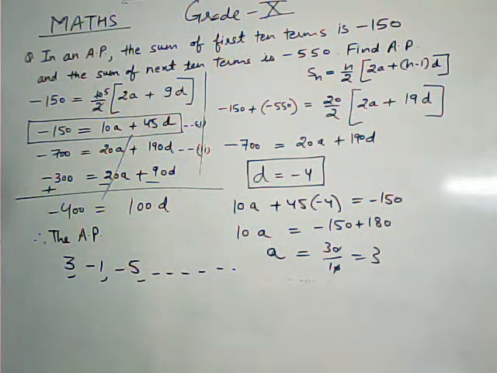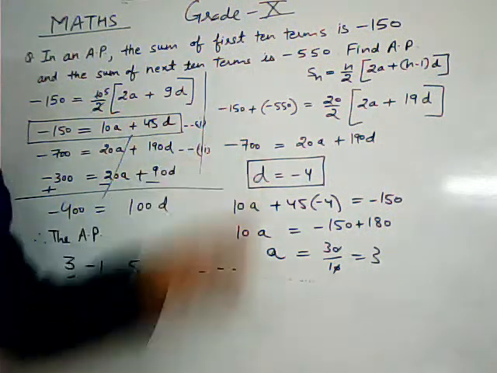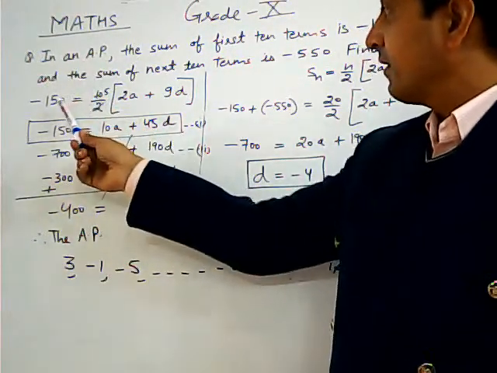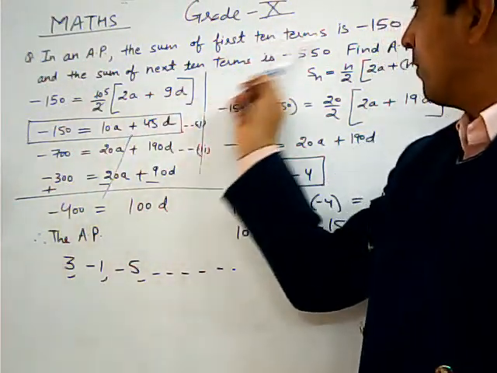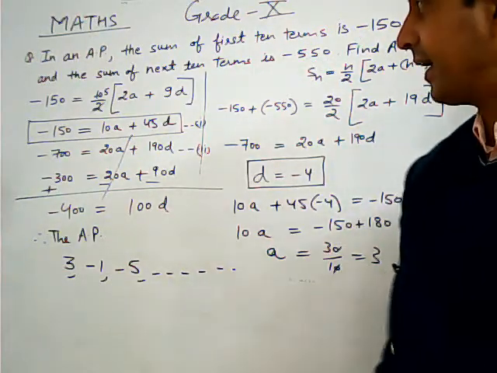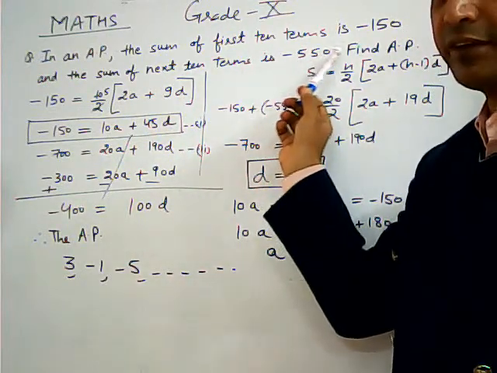I hope you have understood the question. Here we have the sum of first 10 terms given as minus 150, and the sum of next 10 terms as minus 550.